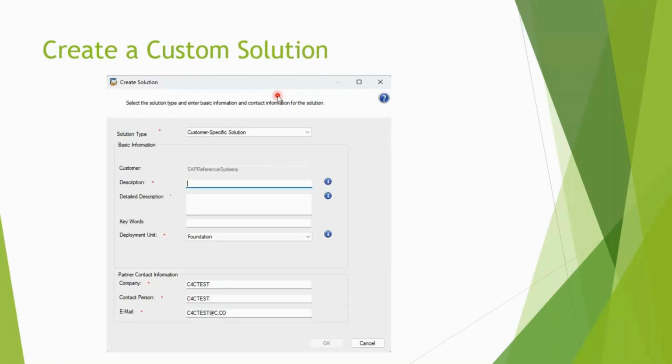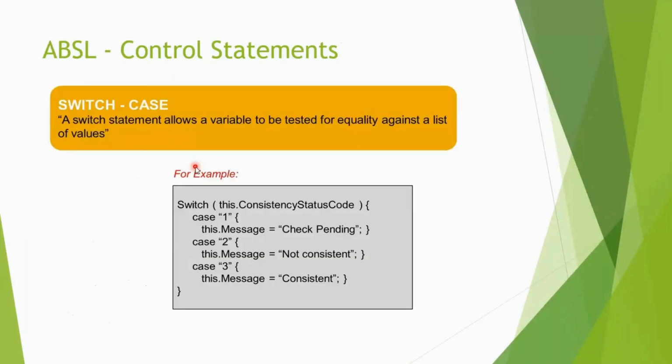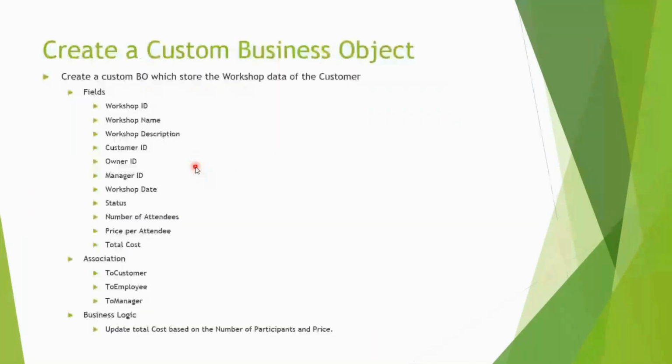We can create a custom view in the backend, which is nothing but workshop data for a customer with all these fields and then the association and the business logic. From tomorrow we can start with the hands-on sessions. Any queries till now on the built-in functions, I will take up later, because first we'll complete one solution and a small use case, then it will be understandable.